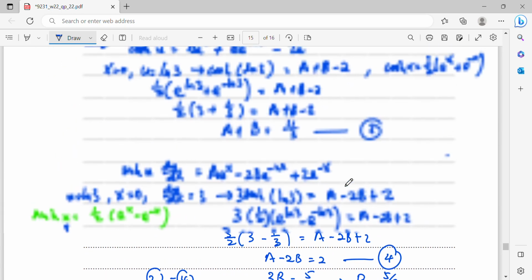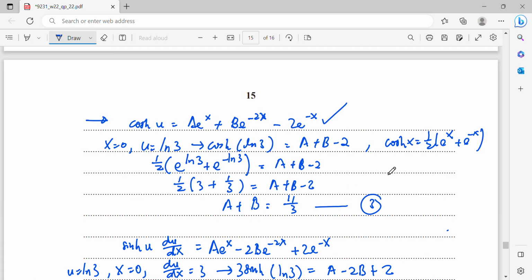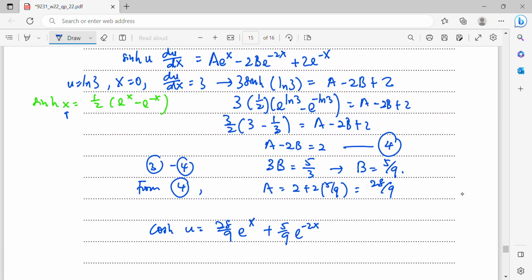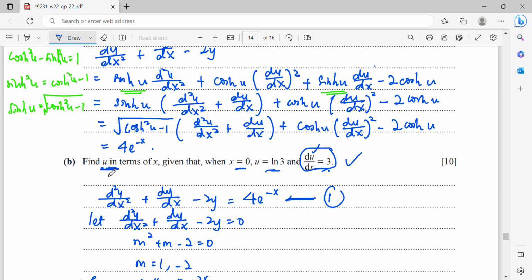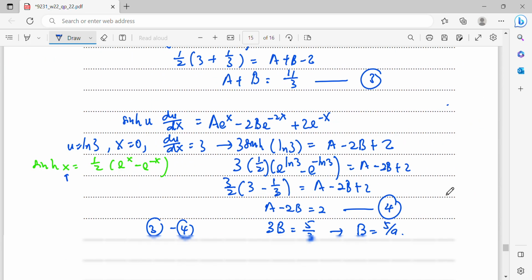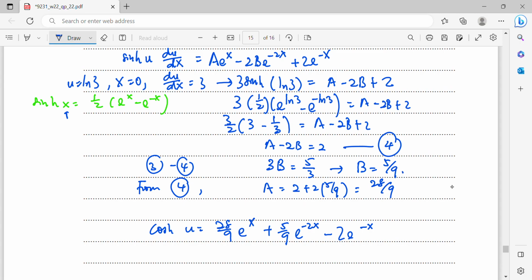And then minus 2e^(-x). Since the question asks for u, when you look at the question carefully, find u in terms of x. So therefore, I will just move the cos to the right side, becomes inverse cos. Okay, so this is the solution of question 8b.